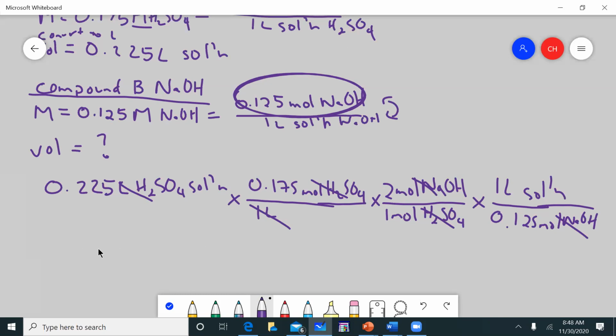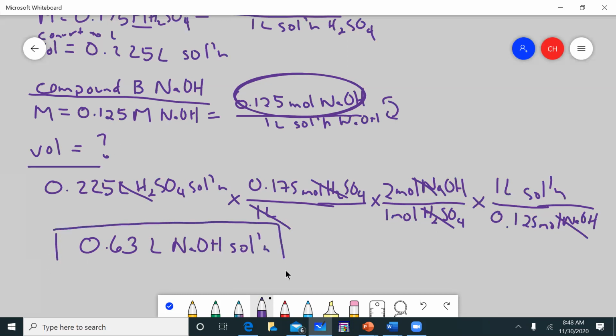Okay, so we get 0.63, and what are my final units? Liters of solution, specifically liters of NaOH solution, right? We're trying to find the volume of B. Isn't that fun?